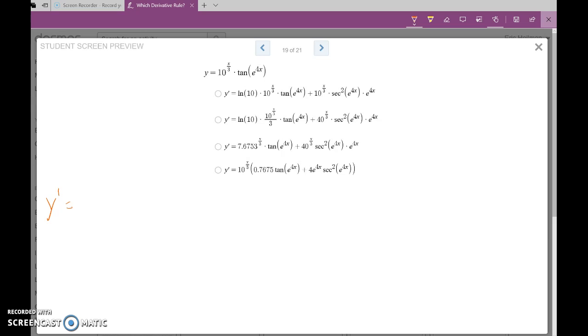The derivative of the first term is going to be natural log of 10 times the original function, 10 to the x over 3, and then times the derivative of the exponent, 1/3, so that's the chain rule piece. And then continuing with the product rule, the derivative of the first term is going to be multiplied by the second term.